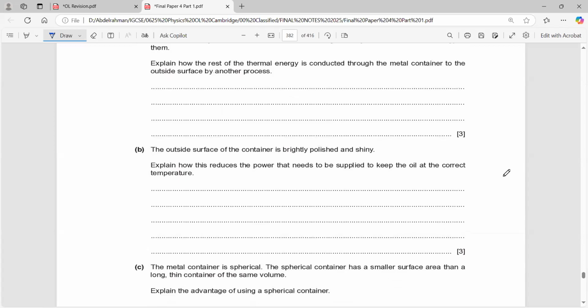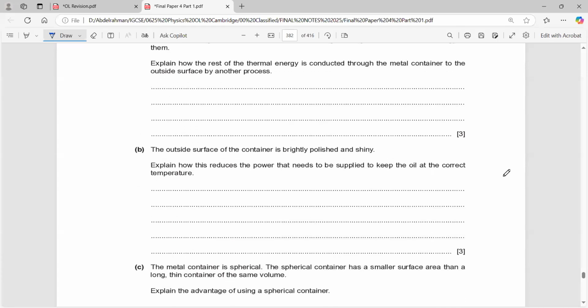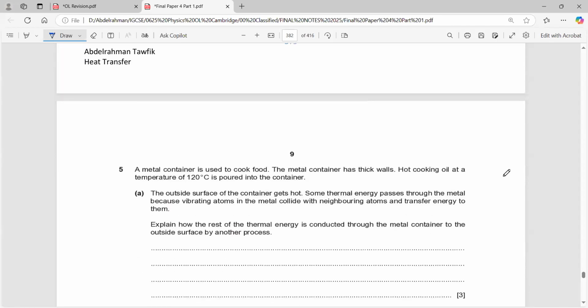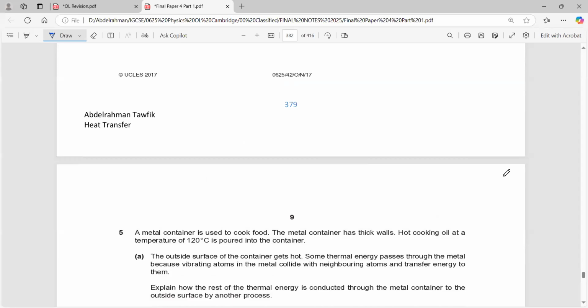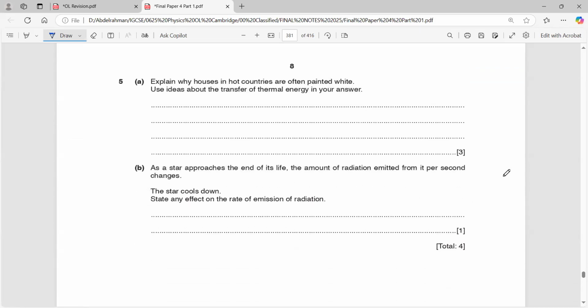It's either convection, hot air or hot water moves up and cold water moves down, خلاص, or radiation, and you must say, يا شباب, please, infrared radiation. I've seen a lot of students lose marks because they forgot to simply write down infrared. They said radiation, so they lost 1 mark. يعني infrared radiation is 2 marks.